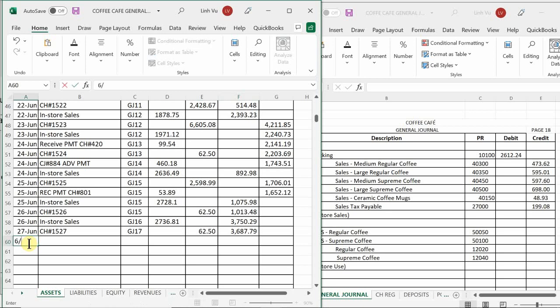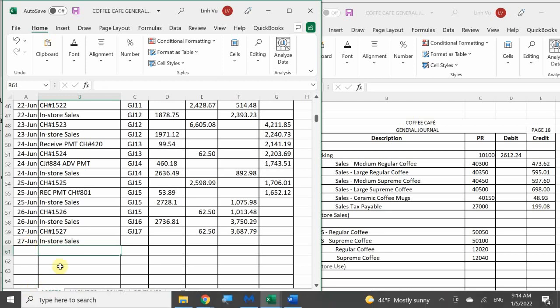We got some in-store sales, General Journal 18 for the 26/12/24.